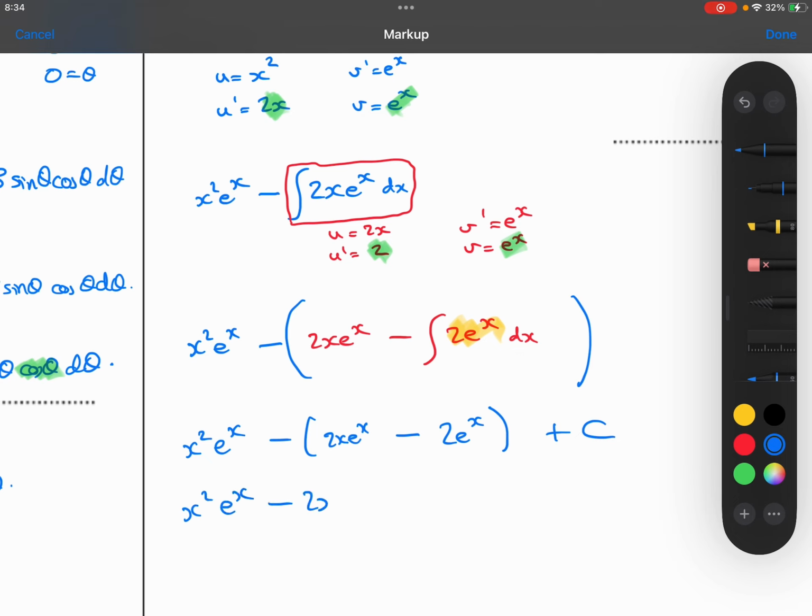I've got the minus 2xe to the x, and then the minus to minus, that will be a plus 2e to the x. And the only other thing I might want to do is factorise the e to the x outside. I don't have to, the question doesn't say I have to, but it's a good habit to get into. And there we go.